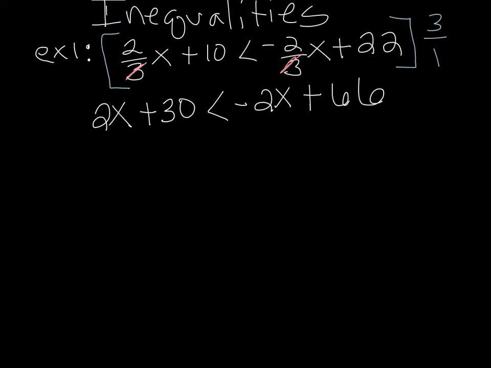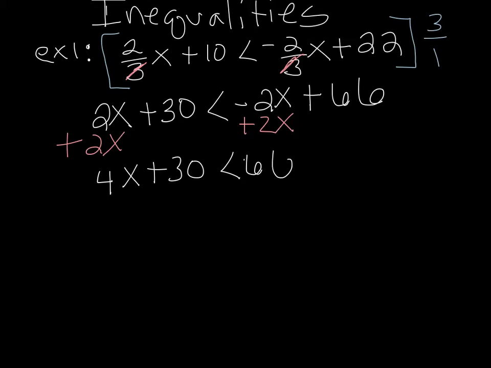So much like linear equations, you solve it the same way. So in this case, we'll add 2x to each side. Okay, and that gives me 4x plus 30 is less than 66.